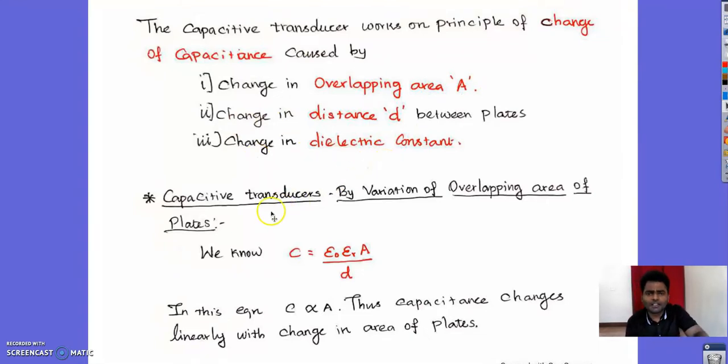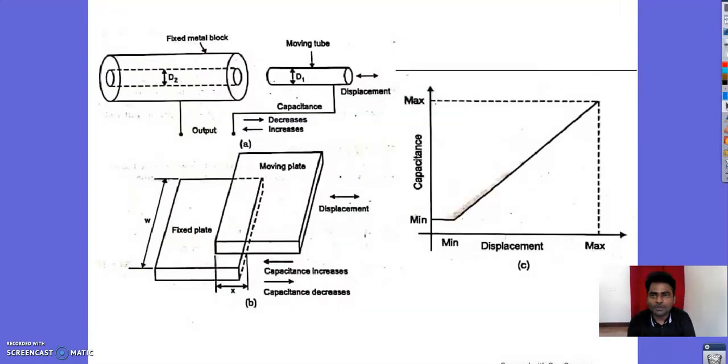And in the capacitive transducer, first, variation of overlapping area, how it is going to be varied, we are going to see. See in this equation, capacitance is directly proportional to the overlapping area. So the capacitance changes linearly with the change in area of the plates. So this is the diagrammatic representation of your capacitive transducer.